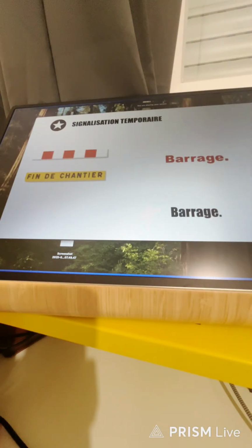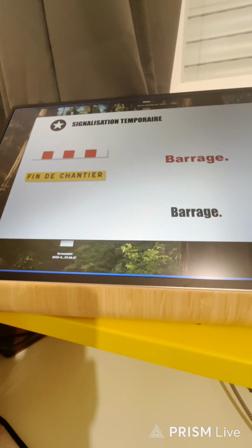This one is called barrage. Fin de chantier. It signifies that you have seen a place where people are working, because chantier means people are working, maybe building houses there. When they now say fin de chantier, it means that starting from this panel, it is not a working area again.